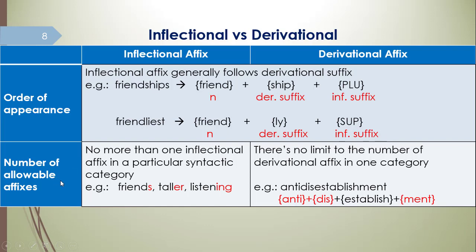The number of allowable affixes. No more than one inflectional affix in a particular syntactic category or word class. For example, friends only has one, and taller only has one inflectional, and listening also only has one inflectional.